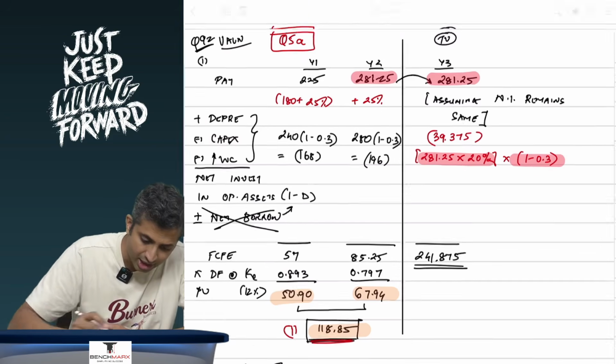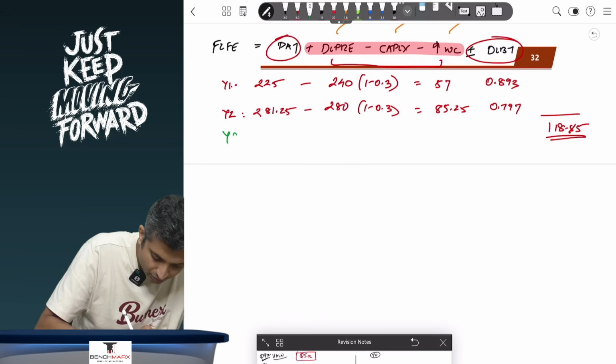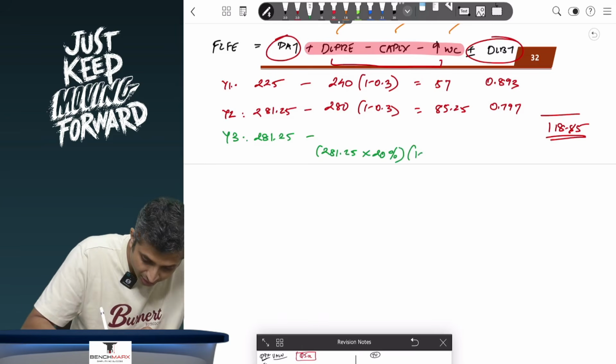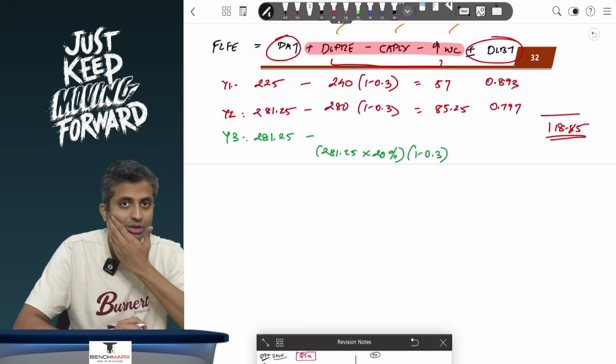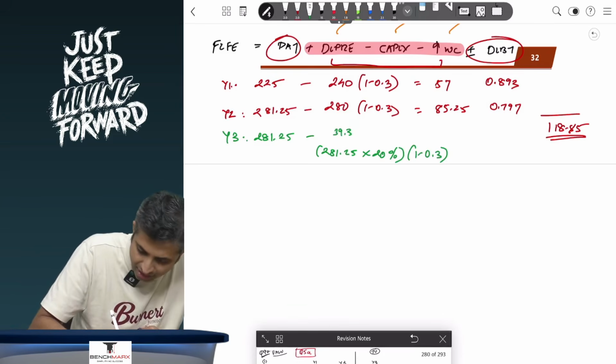So when I look at year 3, I don't know what the year 3 PAT is, but let's say even if that PAT was remaining the same, I would say that this will be 281.25 into 20%. That will be your net capex. But this is from total, you have to find your own funds, and hence this is 39.375.